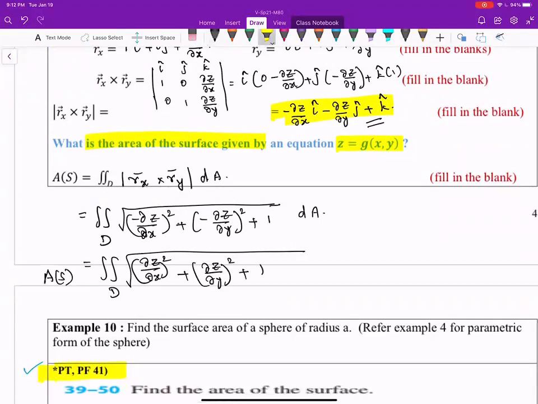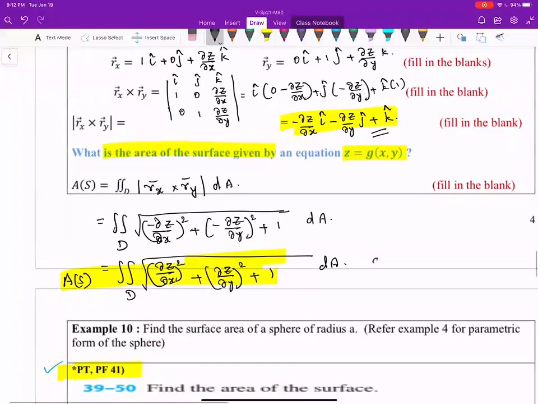And this formula agrees exactly with the formula that we derived in the earlier section in chapter 15. It's exactly the same formula that we derived in chapter 15 for explicit representation of the surface.